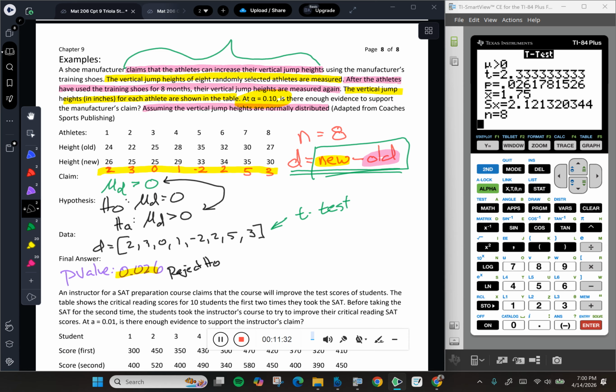When we reject the null and the claim is the alternate, we say there is enough evidence to support the claim of a higher jump. They can increase their vertical jump height.